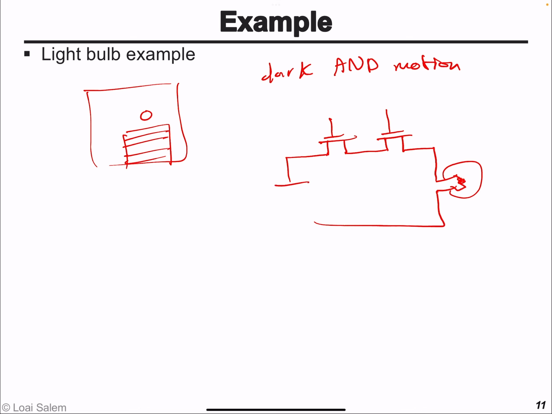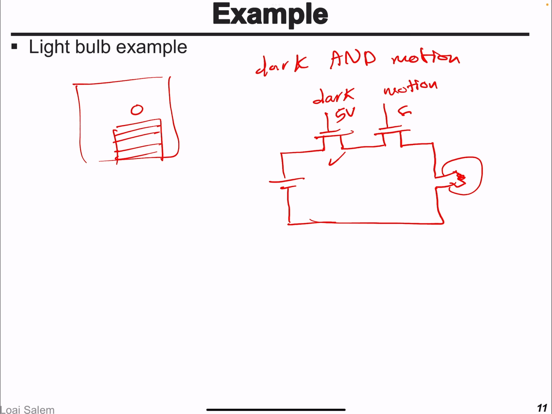Then we have the input voltage source. If it's dark, the light sensor will produce 5 volt, which will turn on the first transistor. And if there is motion, the motion sensor is going to produce 5 volt, which will turn on the second transistor, and the voltage will be applied across the light bulb.